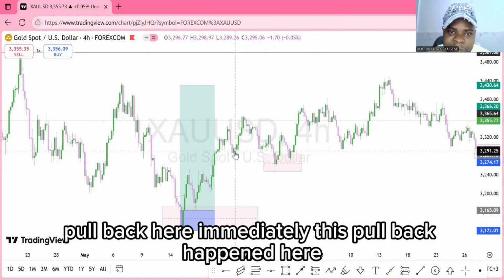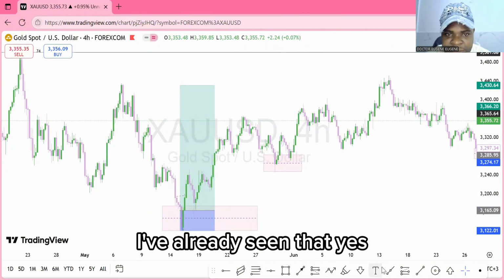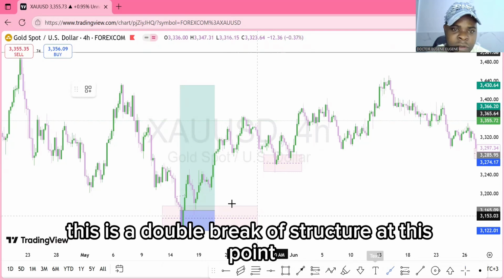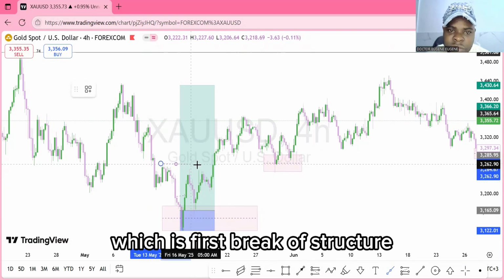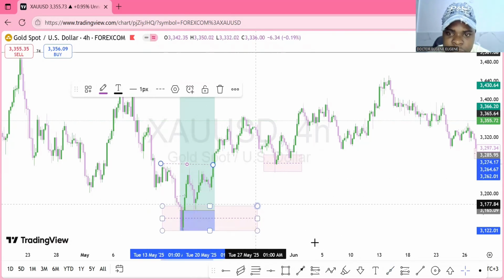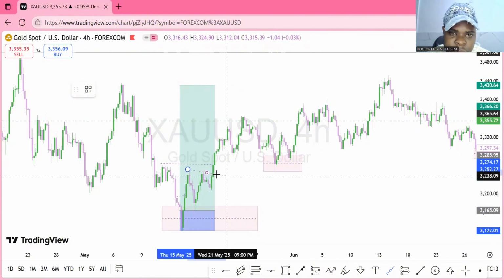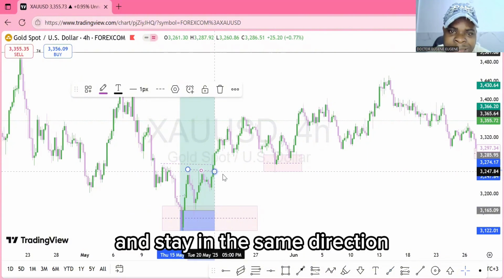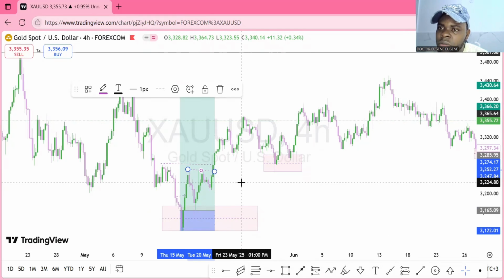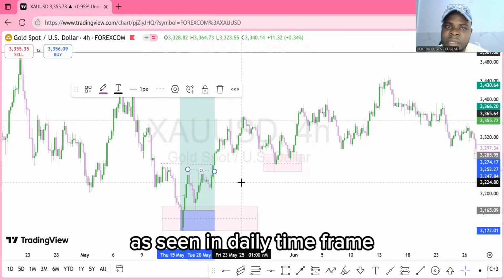Immediately this pullback happened here, I've already seen that yes, this is a double breakout structure at this point, which is first breakout structure, second breakout structure, and still in the same direction as seen in daily time frame, which is overall time frame.